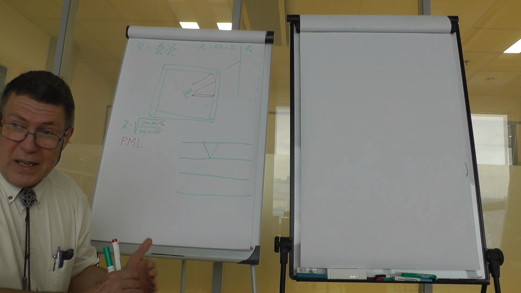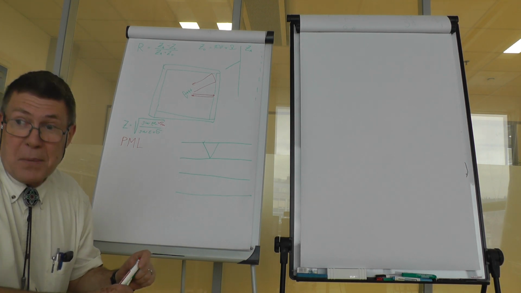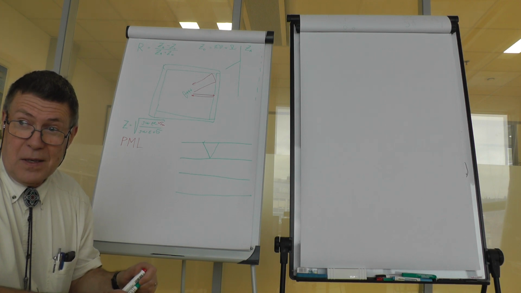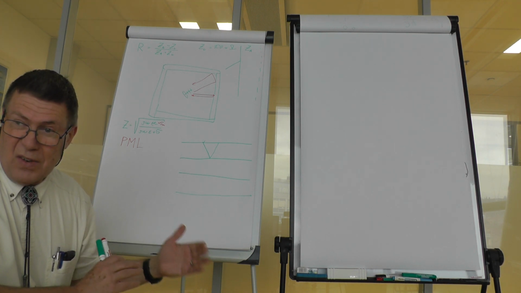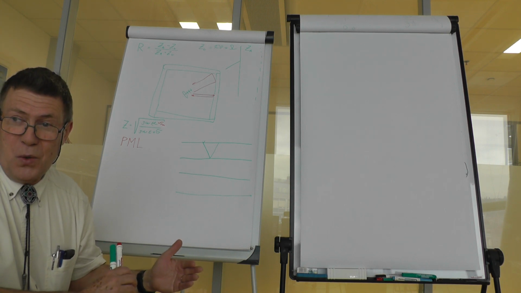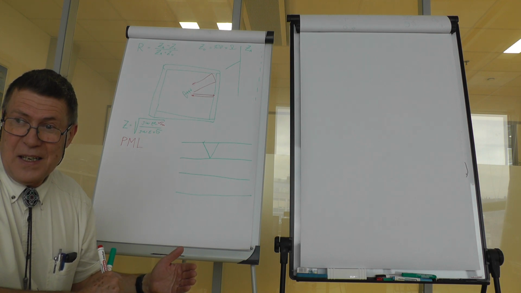So this is the trick of, for example, uniaxial perfectly matched layer, something that does not exist in nature. You can't construct it and sell it, but you can make a numeric model of such an environment.